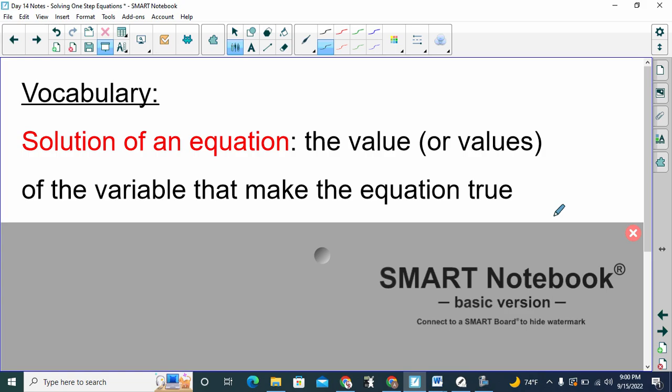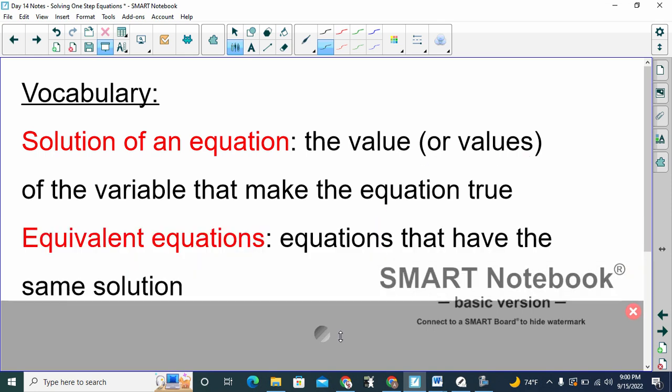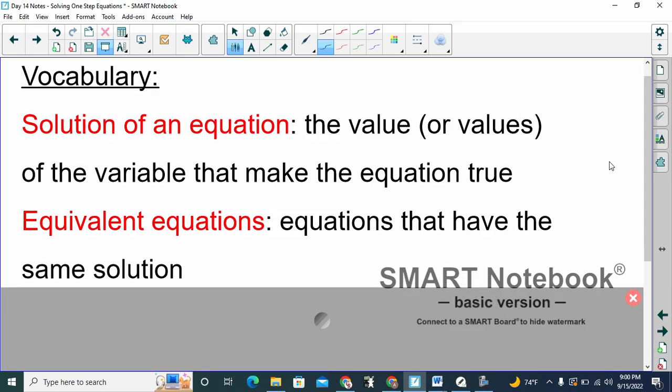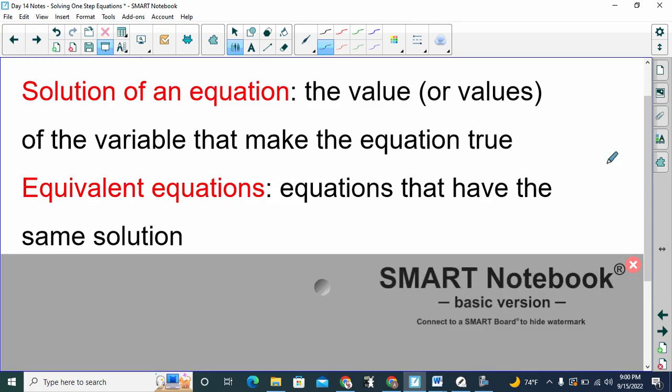Almost word for word what we wrote on the previous slide. The value of the variable that makes the equation true. Equivalent equations are equations that have the same solution. Equivalent equations are defined as equations that have the same solution.